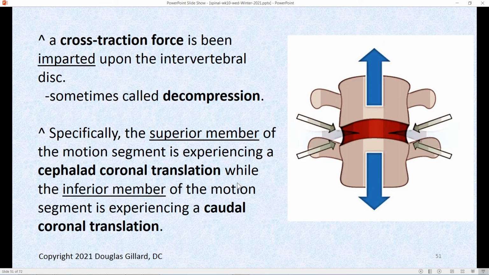I know this stuff is hard. I hear some of you moaning and groaning. So that's a cross-tractional force. This would be a force going cephalad, toward the head. So that's cephalad, and we view this in the coronal plane: cephalad coronal translation, and this force is experiencing caudal, toward the tail, coronal translation.